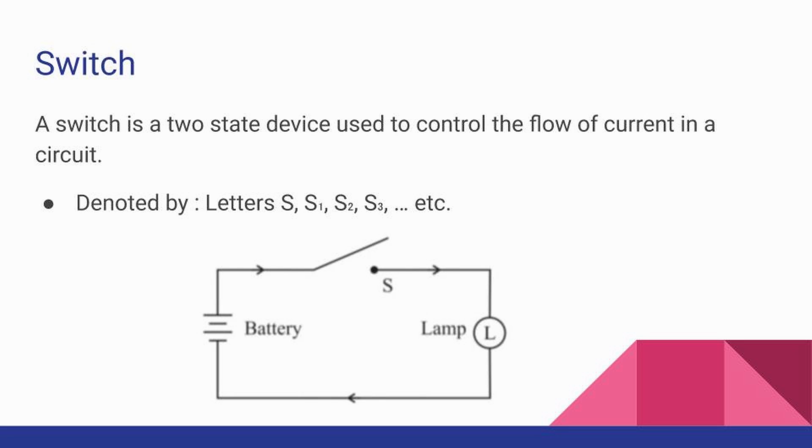Here we have a diagram of an electric circuit where we have S as our switch, battery, and then lamp. Lamp is denoted by capital L and the flow of current is denoted by the arrows. It is going from left to right.